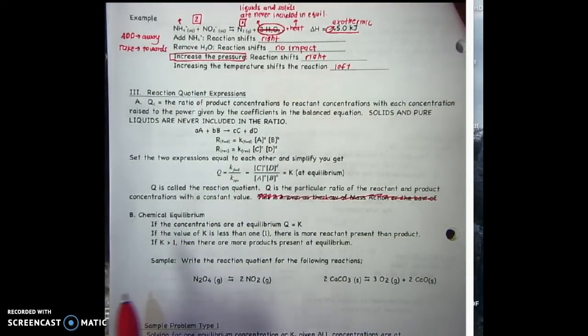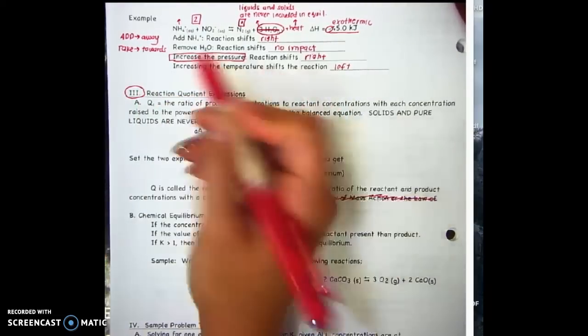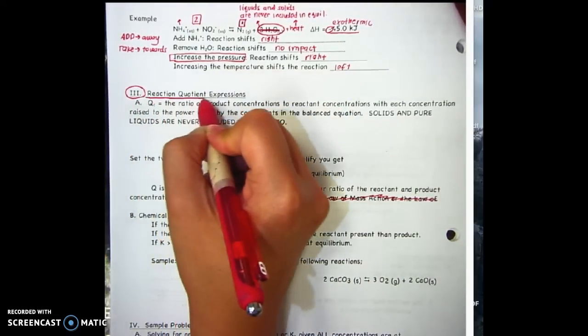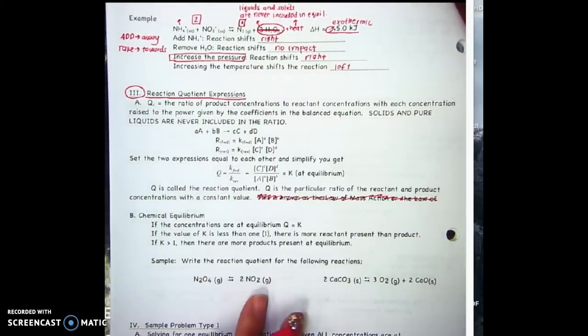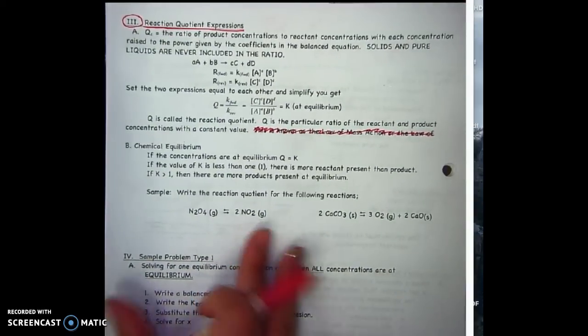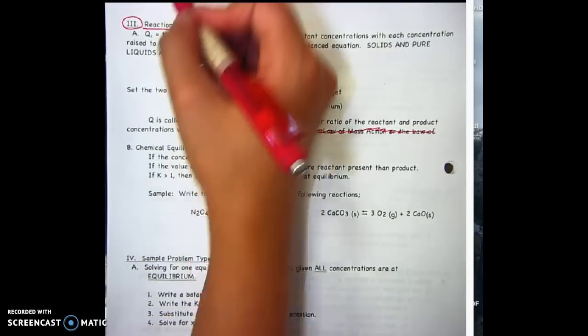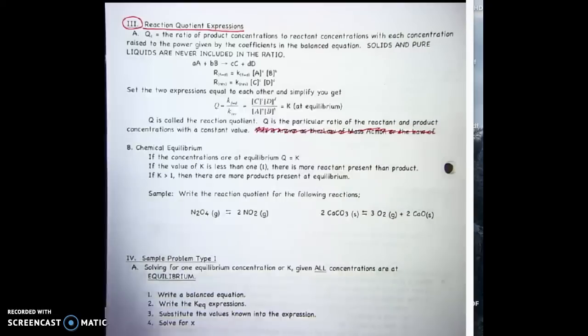All right, so looking at part 3 in our notes, we're now going to take a look at equilibrium and come up with a way of quantifying what's going on here at equilibrium. And we call this the reaction quotient expression. Quotient because you'll be dividing, right?